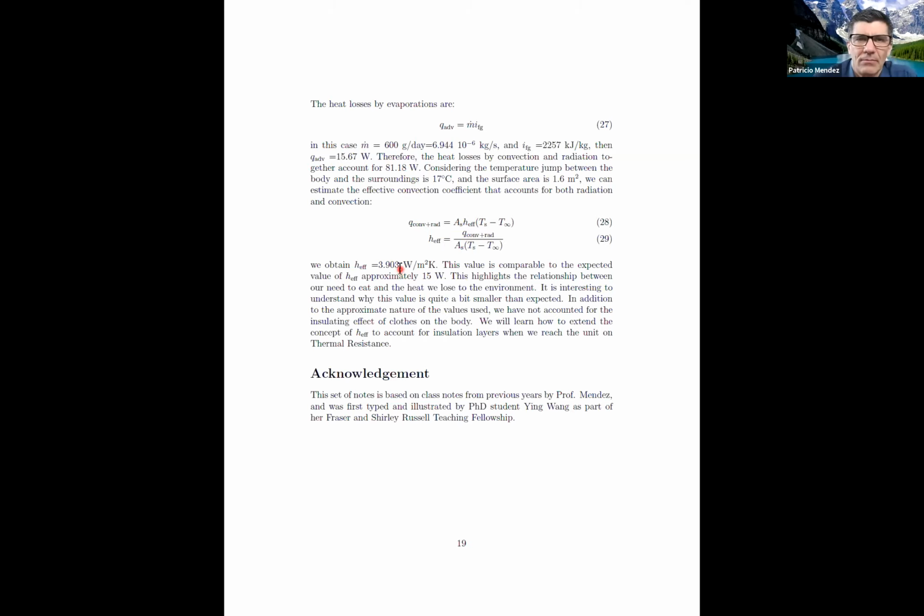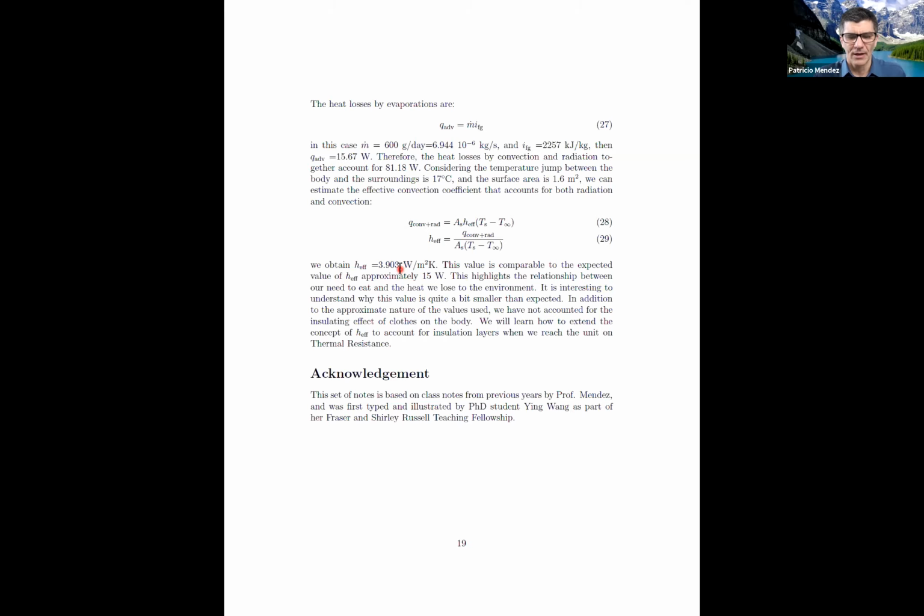This is amazing because in this very simple calculation, we got to see that an average woman loses heat with more or less 4 watts per square meter per Kelvin through her surface.